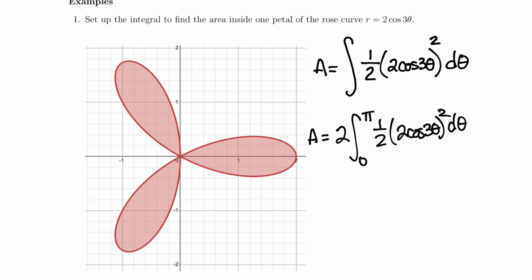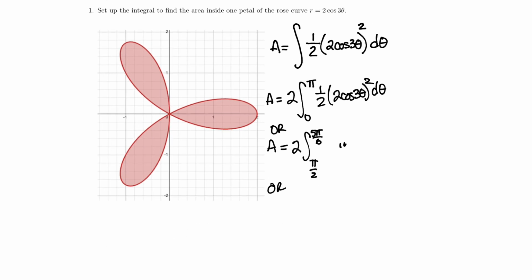Or we could do what we just showed on Desmos. I'll just put a big or. We could take 2 and we could go from pi over 2 to 5 pi over 6 of the same thing, right? Or, just like we saw on Desmos, we could go 2 times pi over 6 to pi over 2. That gives me the petal down in quadrant 3. Do you guys see what I'm saying?